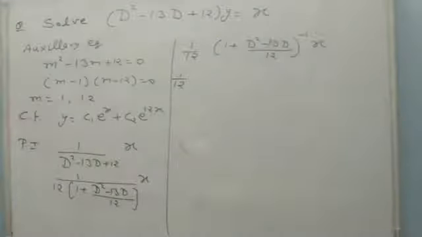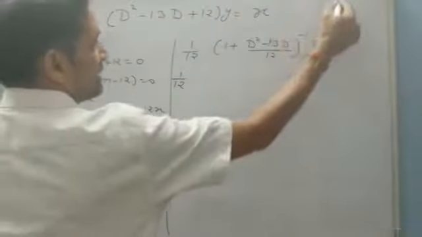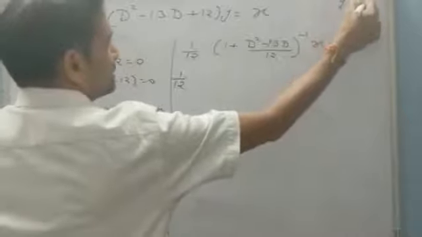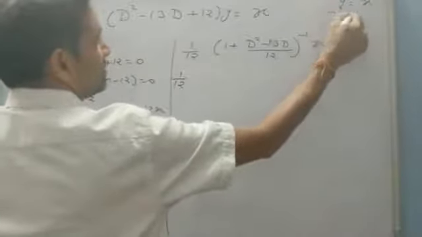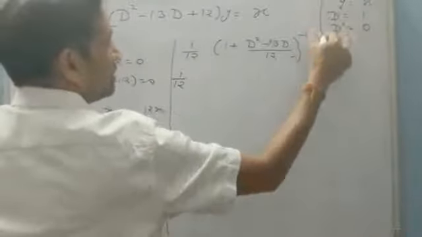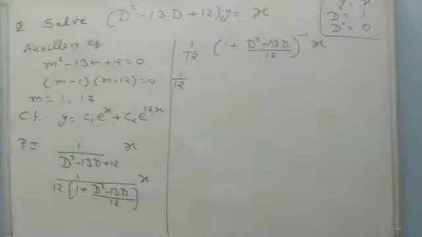First of all, you just take the term x. There is x. If y is equals to x, then the first derivative will be 1 and the second derivative will become 0. I have to just go till second derivative, not more than this.